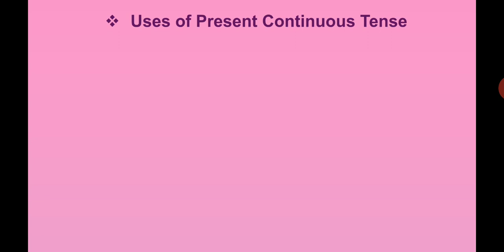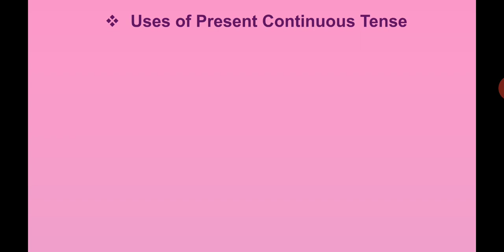Let's see. Now we understand that when we are speaking about somebody or something, and at that time an action is taking place, it is the present continuous tense, right? For example, if you are writing, and at the same time I ask you the question, what are you doing?